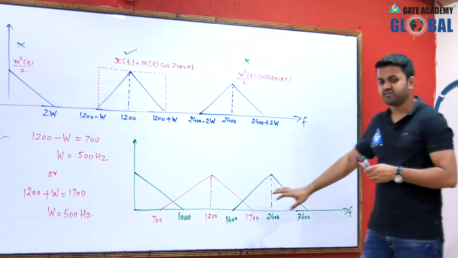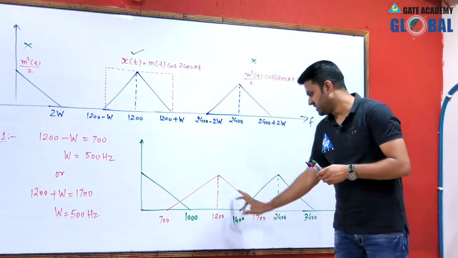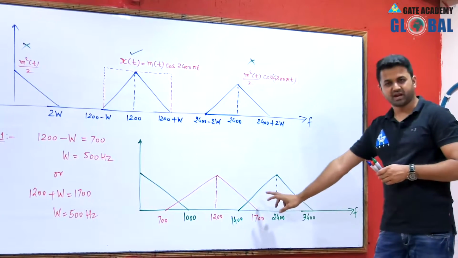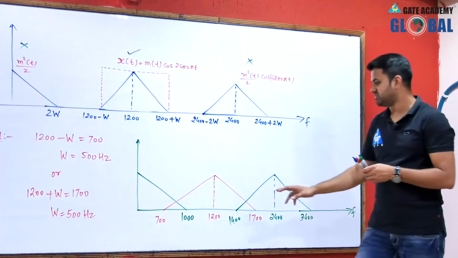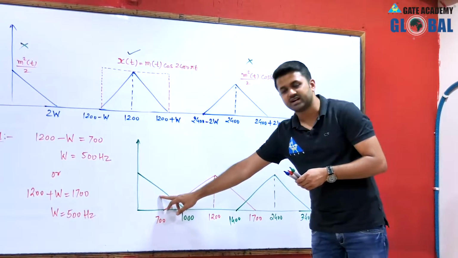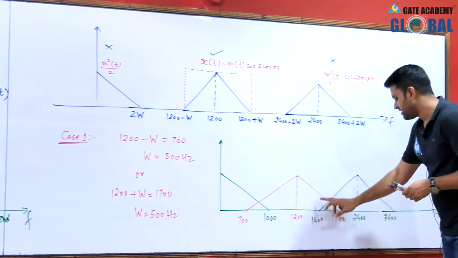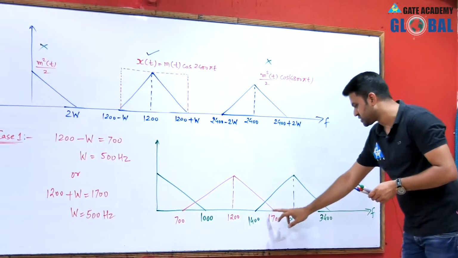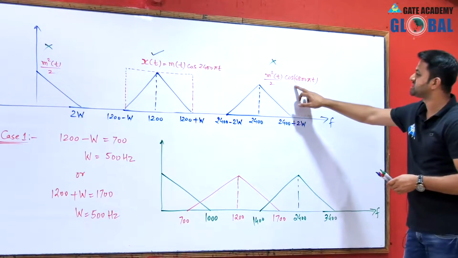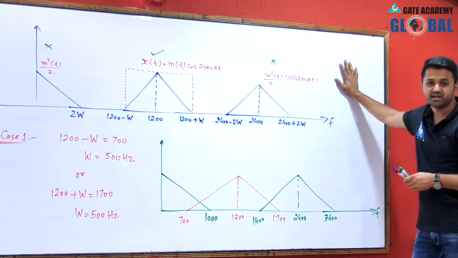So what we can see is that this red spectrum, which is our desired term, is overlapped with the spectrum of m square t by 2, and this spectrum is also overlapped with the spectrum of this m square t cos 1400 pi t by 2.